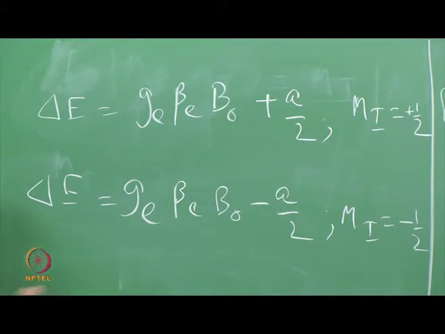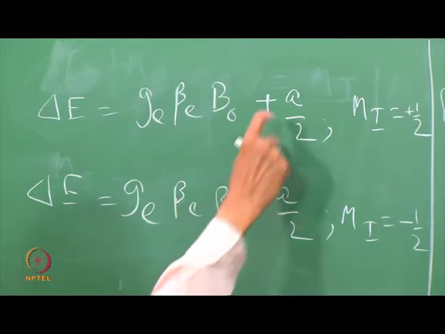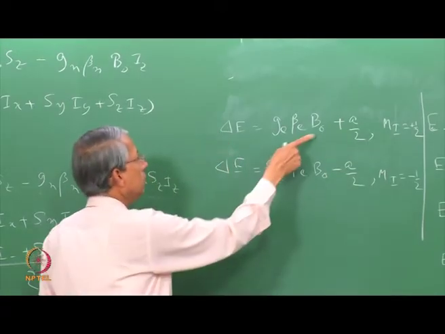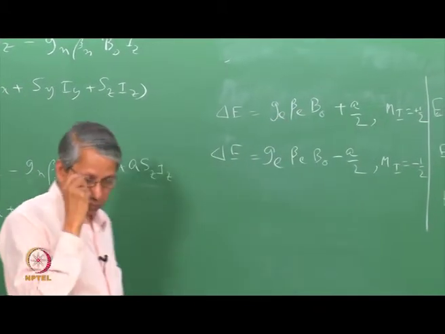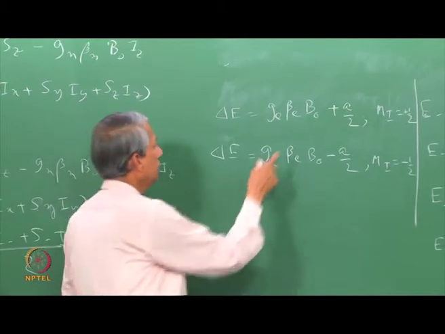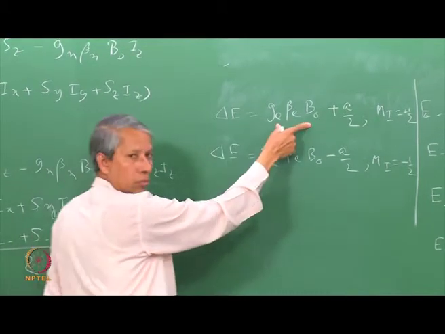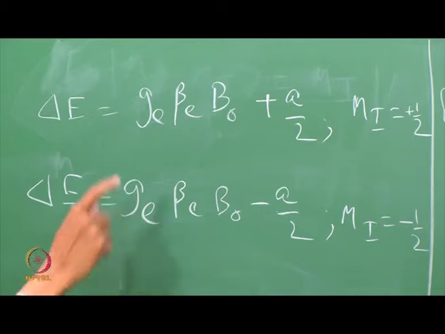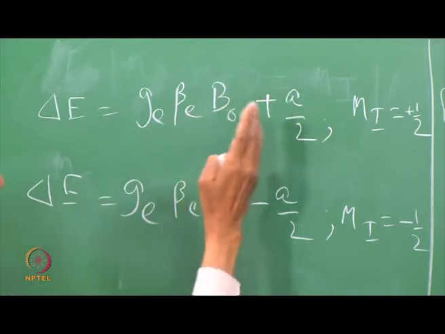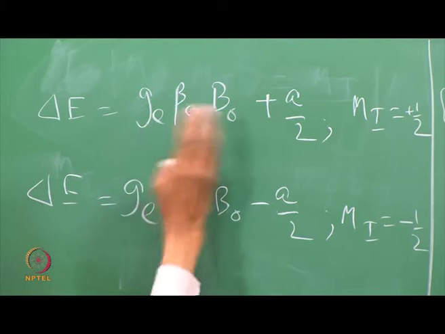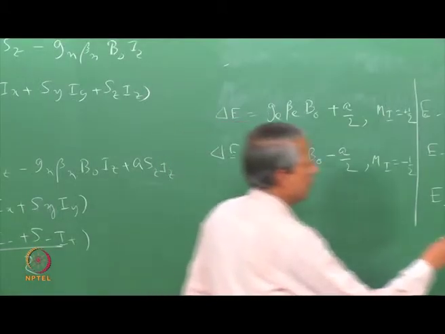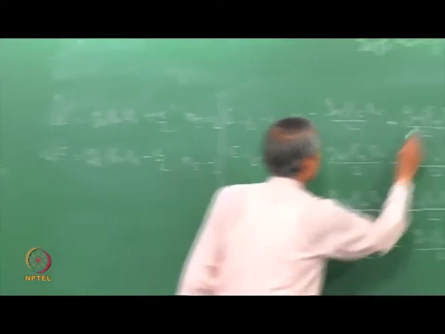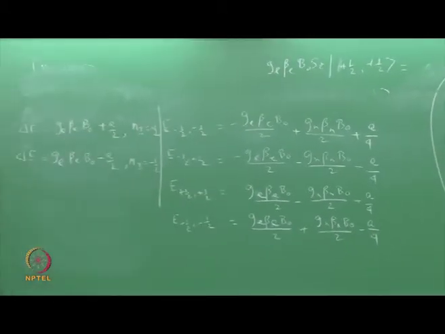So the two transitions are separated by A by 2 from the position which is g_e beta_e B_0. If there were no hyperfine interaction, then the energy of transition would have been this one. So I see two lines which are split from the original line position.